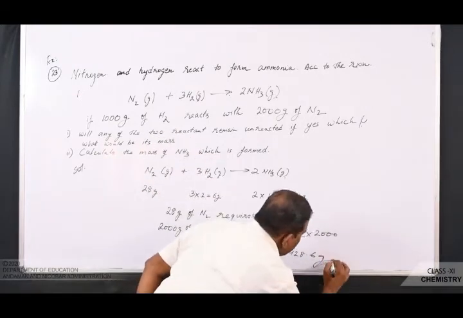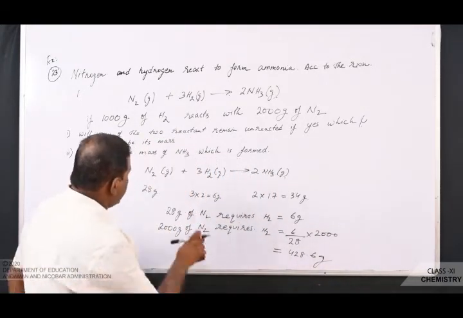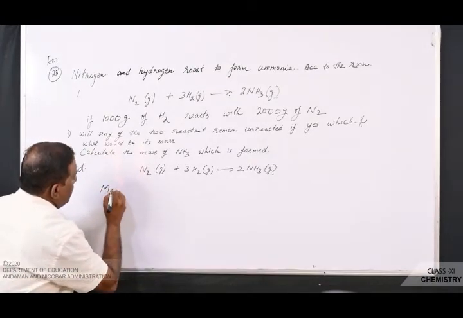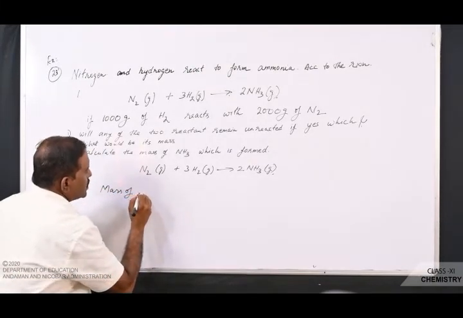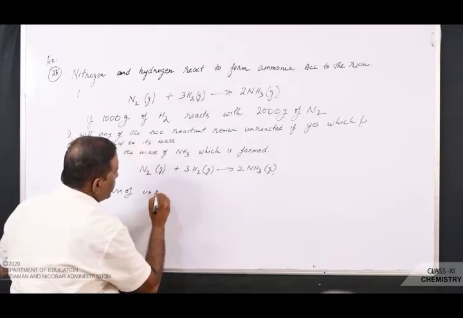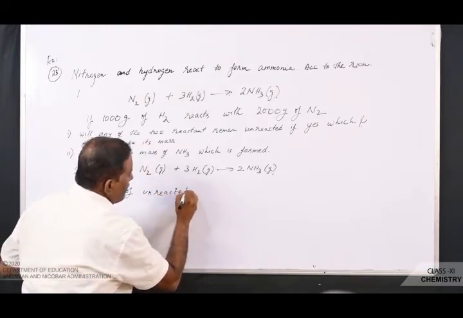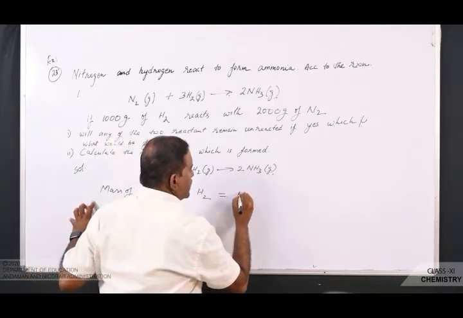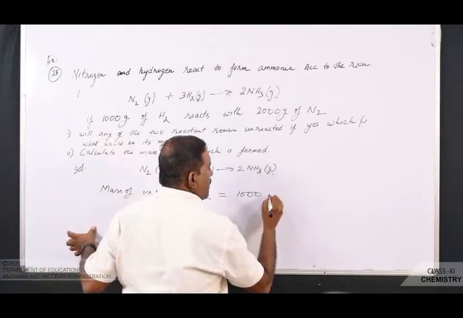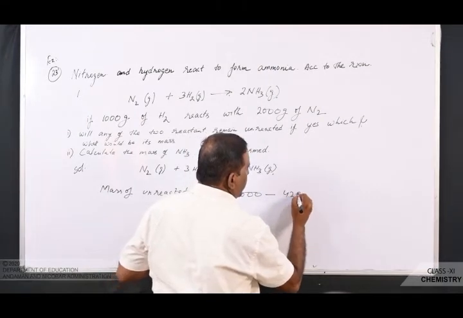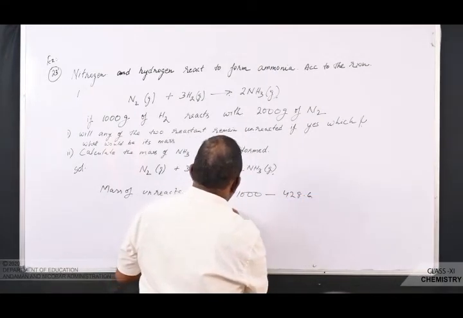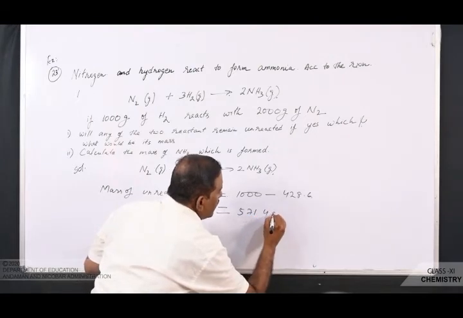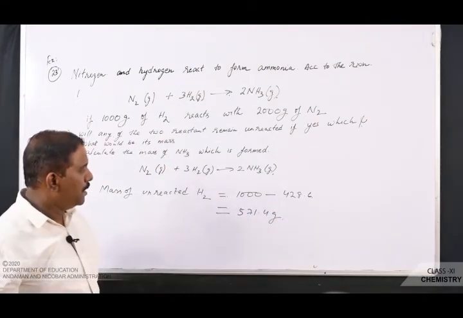So the mass of unreacted H2 is 1000 minus 428.6, which comes out to 571.4 grams. Am I clear?